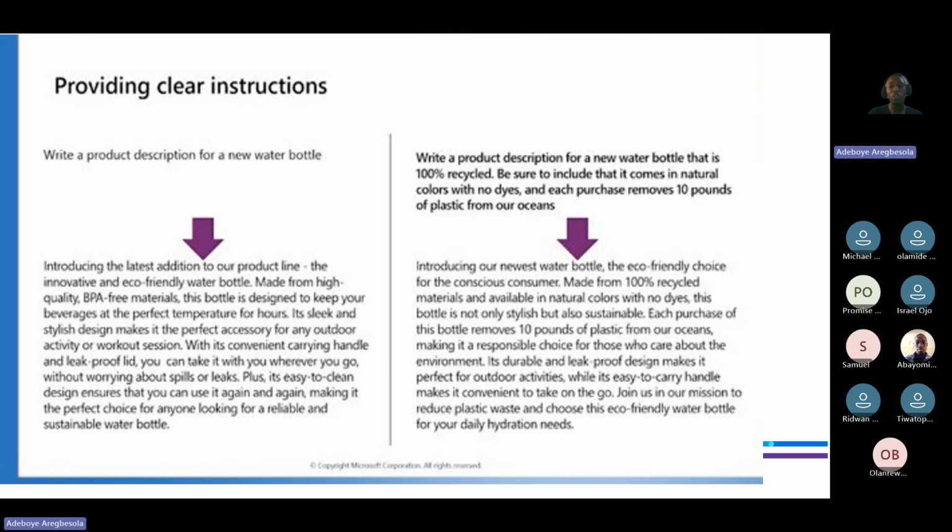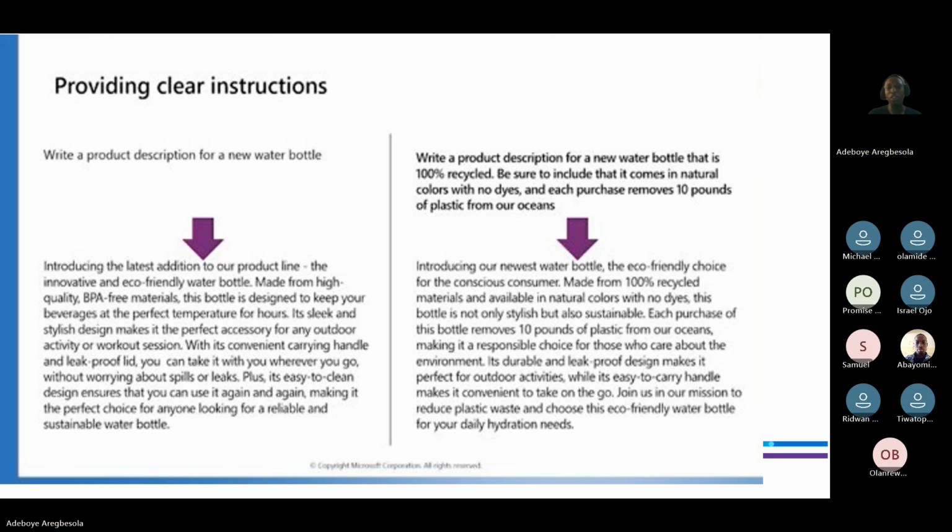This information is not something that the language model would have been able to guess, because it works on probability. So it would not have been able to guess that you needed this. It would have given you a whole lot of different suggestions. But now by giving it this example and this constraint, you've told it that yes, this is what I want the water bottle description to include.